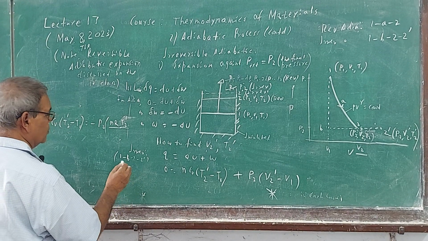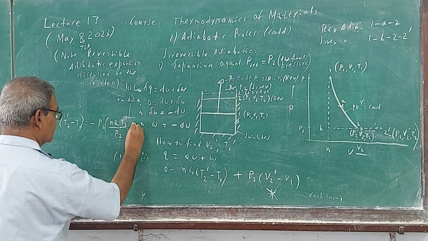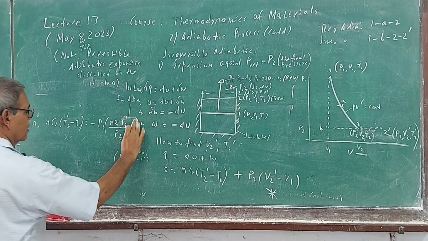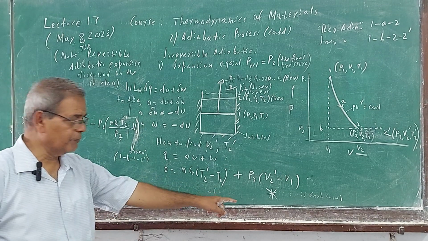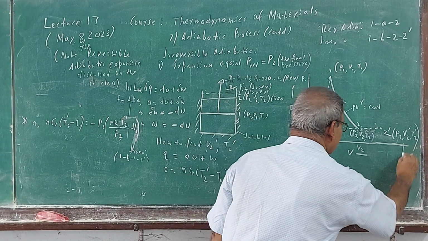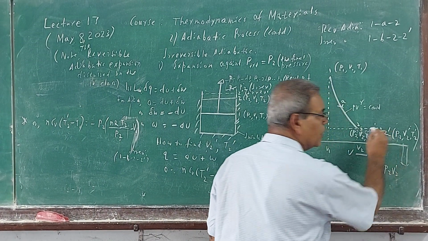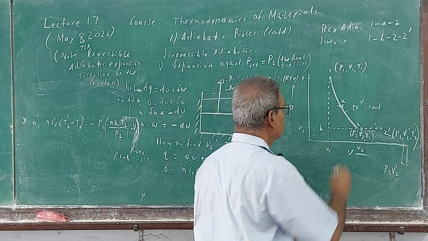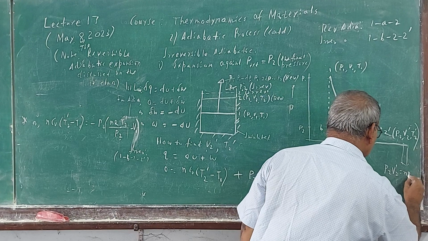It is minus P2 times V2 prime minus V1, where V2 prime is nRT2 prime by P2, minus V1. Take a look. P2 V2 prime is right here. Your difficulty is right here. P2 V2 prime in the equilibrium state. The final state is an equilibrium state, non-equilibrium before. P2 V2 prime is nRT2 prime.